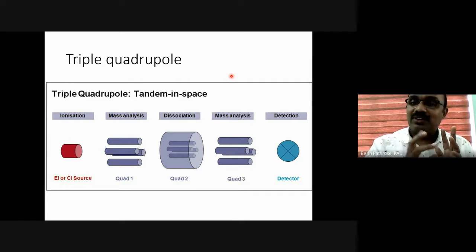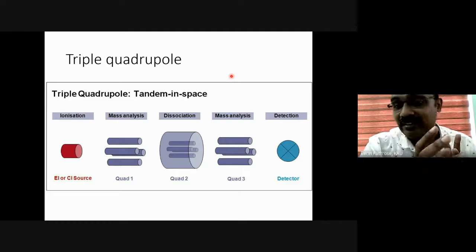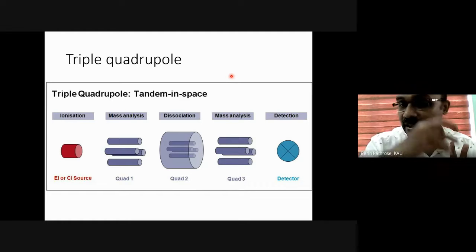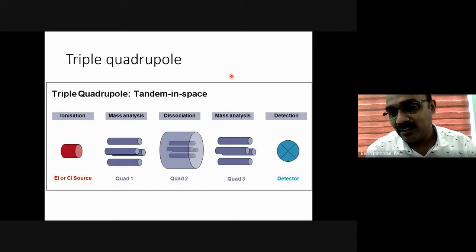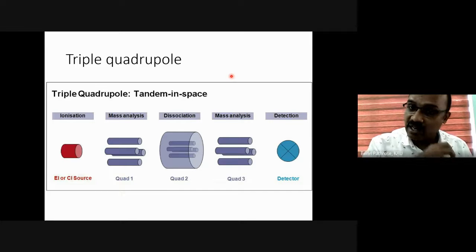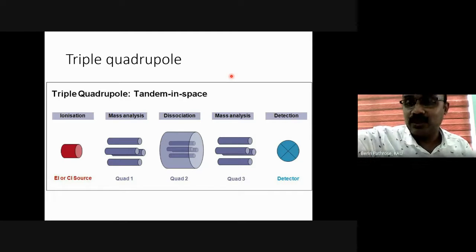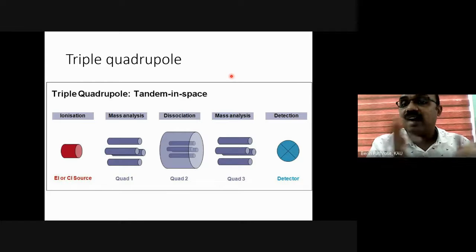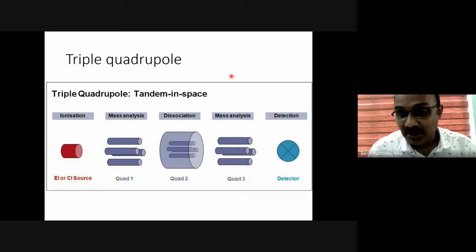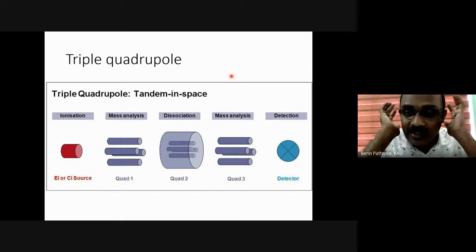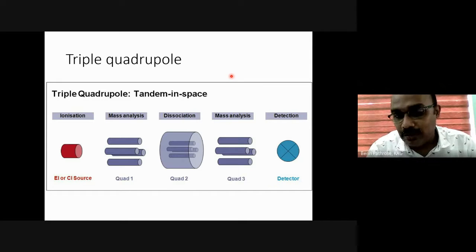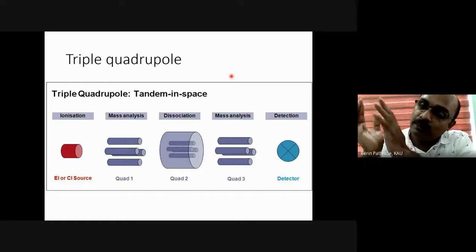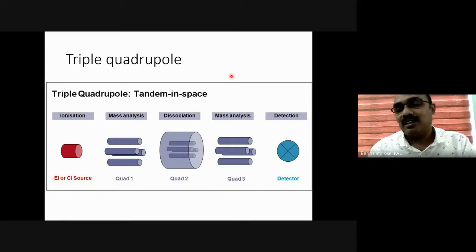Also, it changes the current it is applying to the quadrupole. That means it starts from a low current and reaches a very high current in a short time, and it analyzes the mass. So only at a particular mass by charge ratio, only a particular molecule will come out.